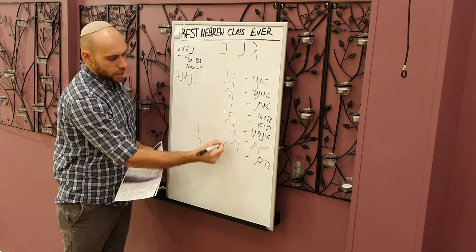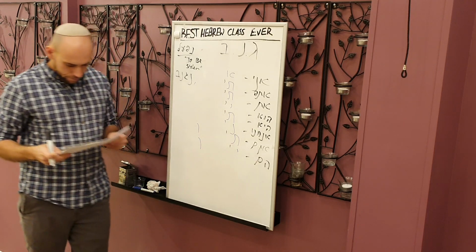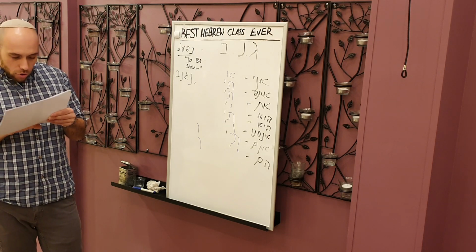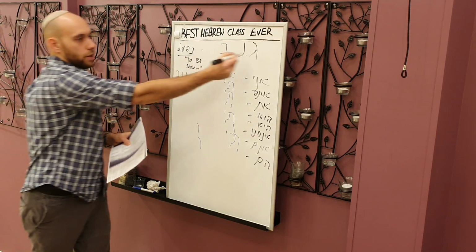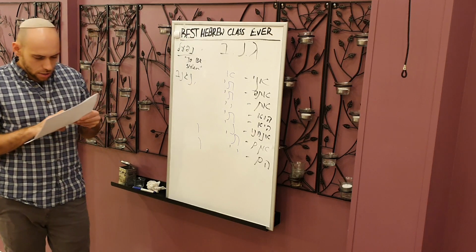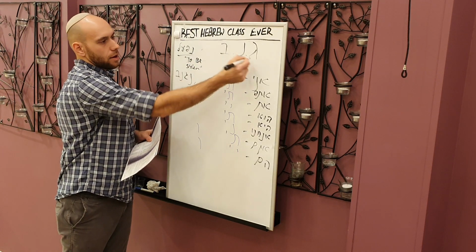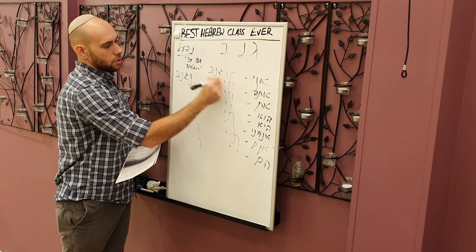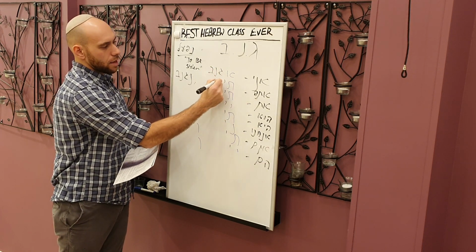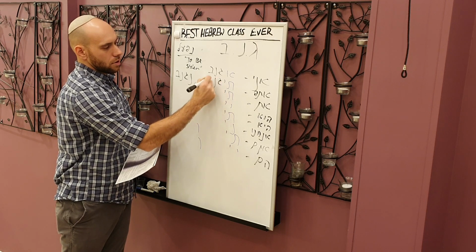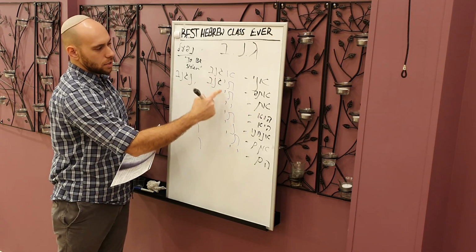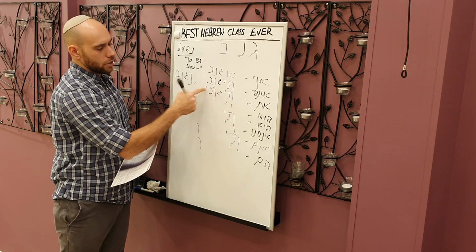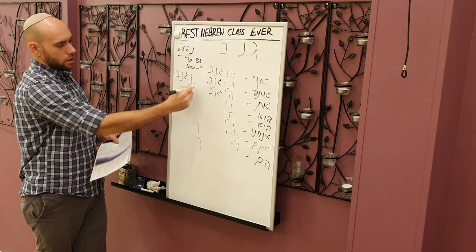So all of these are getting the extra yud, and they all have almost the same form, which is just the way the root goes, with the vowels a-e, ganev. So eganev, and this will be tiganev.